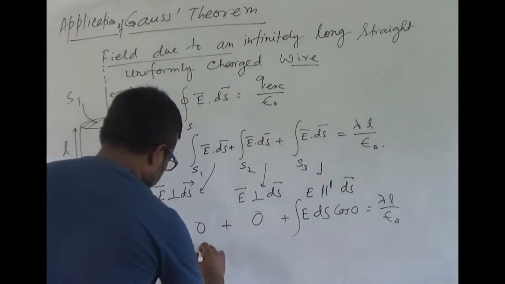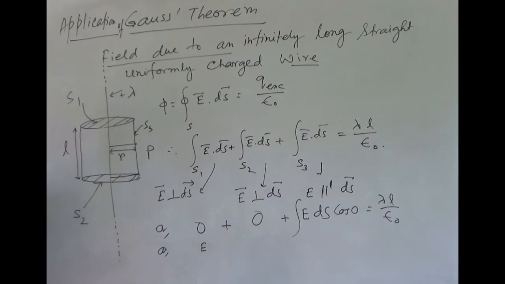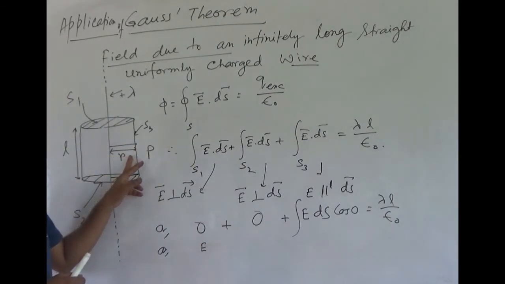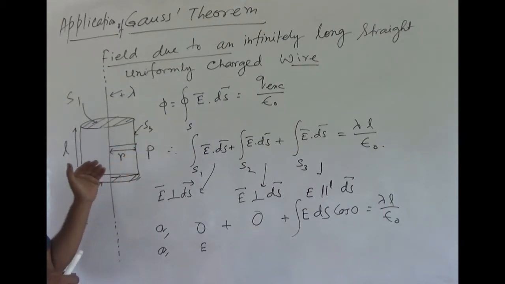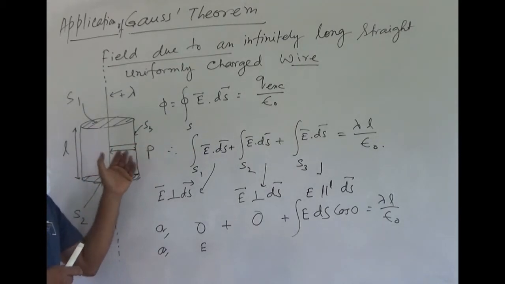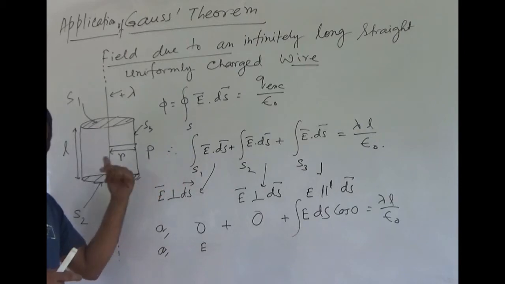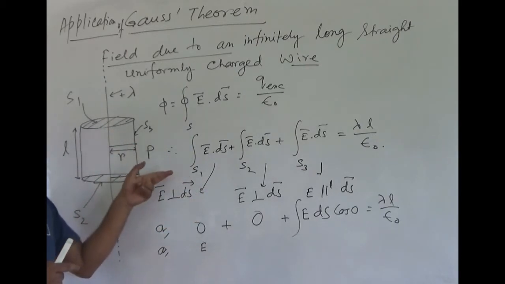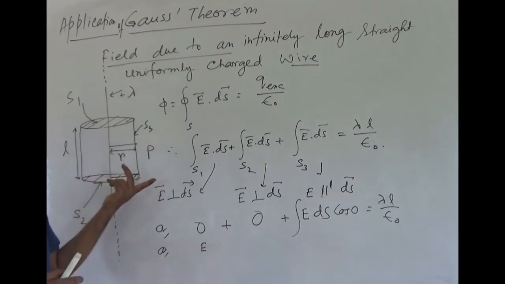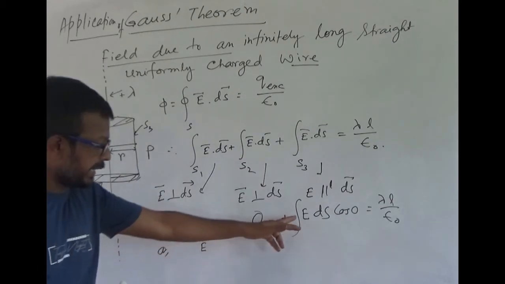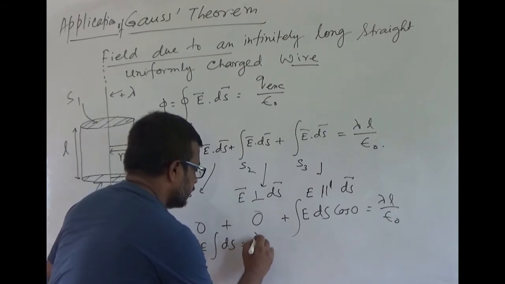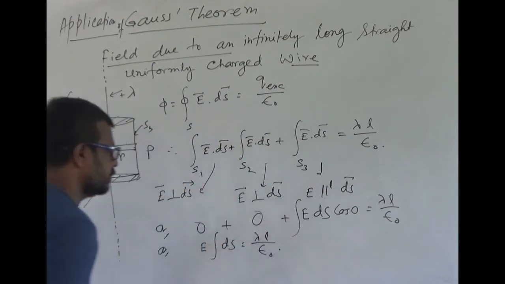Now, since the radius is constant, at each and every point on the curved surface the distance is R, and we have said that due to the symmetry of the problem, E only depends on R. Since R is constant, therefore E is constant. So bring it outside the integration. Therefore you can write E integral of ds is equal to lambda L by epsilon naught.